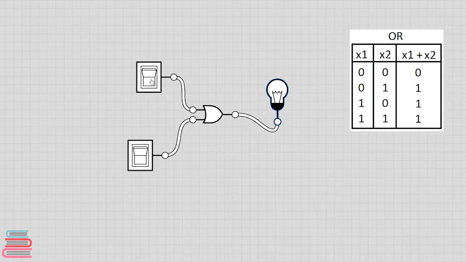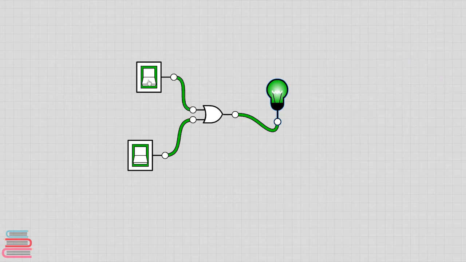But when at least one switch is turned on, or to say at least one input is high, then the bulb should glow. So I turned on switch A, which made the bulb glow, and now I'm turning on switch B, which also made the bulb glow. Even with the two inputs being high, the bulb glows. This is how the OR gate works.